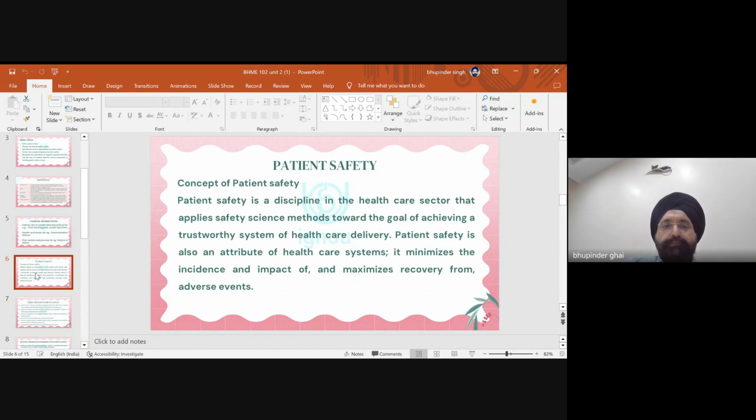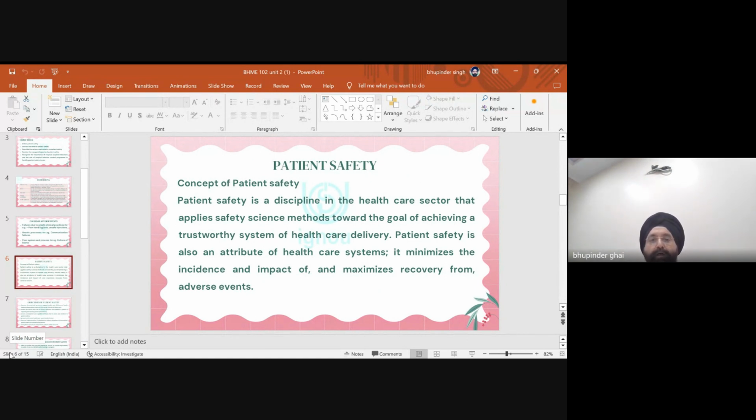Now the patient safety. What is the concept of patient safety? Patient safety is a discipline in the healthcare sector that applies safety science methods towards the goal of achieving a trustworthy system of healthcare delivery.